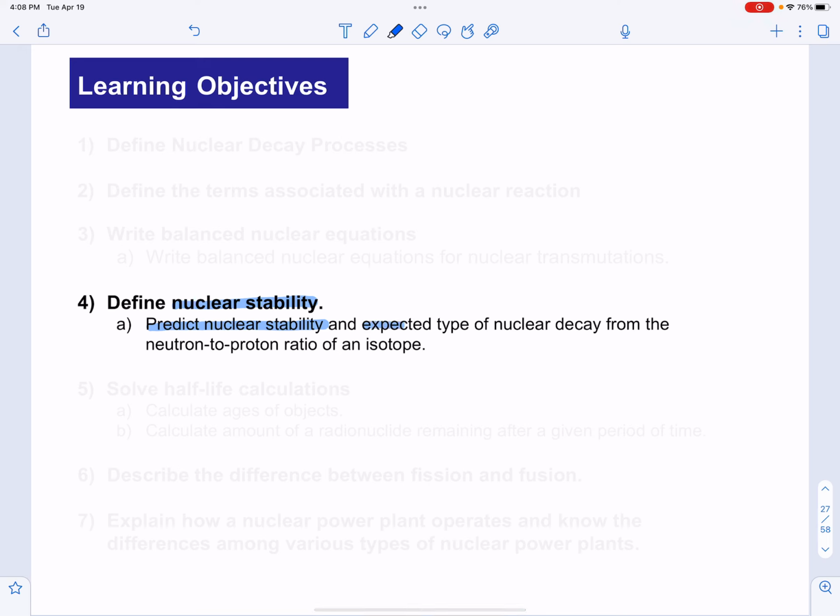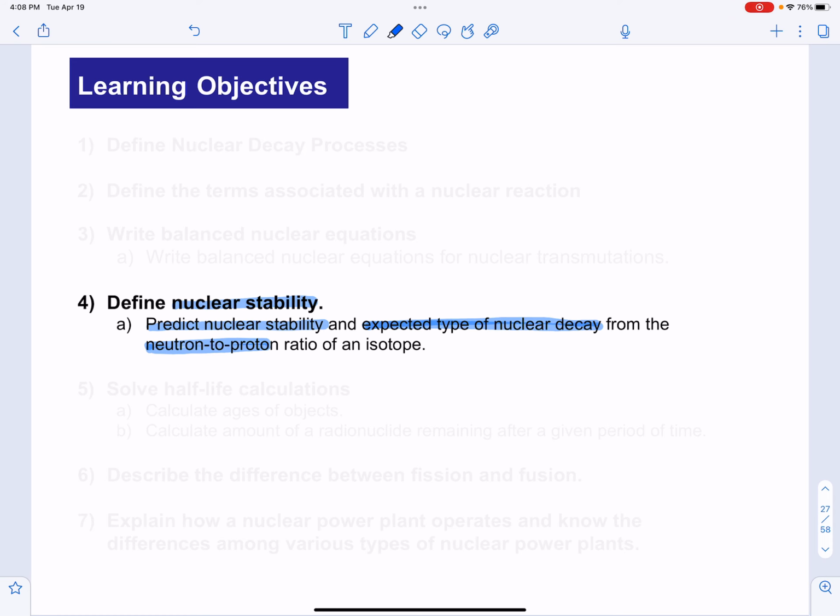Once you do the nuclear stability, you should be able to figure out what particle is being emitted or is decaying by what particle. And that's going to relate to the neutron to proton ratio, where 1:1 is the most stable one.